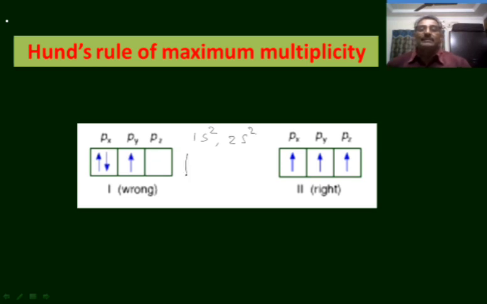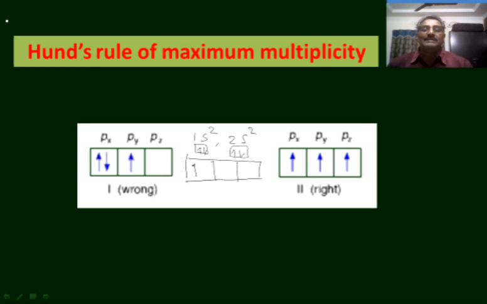Suppose these are the 3 degenerate orbitals. 1s is filled with 2 electrons of opposite spins. 2s is also filled with 2 opposite spins. And the fifth electron enters one of the p orbitals.